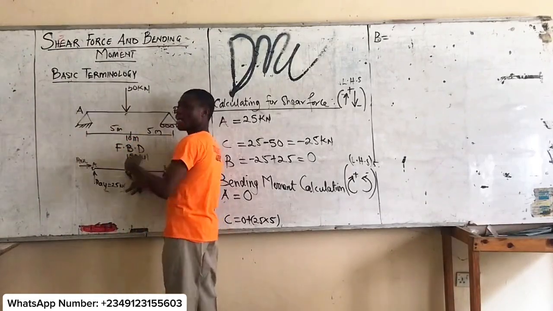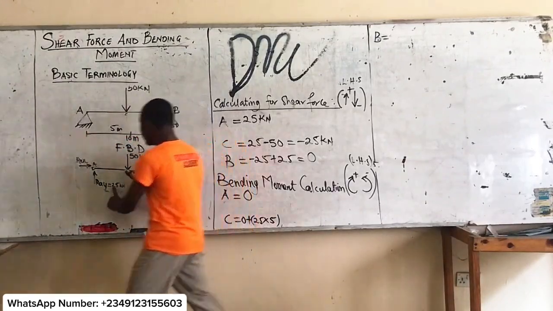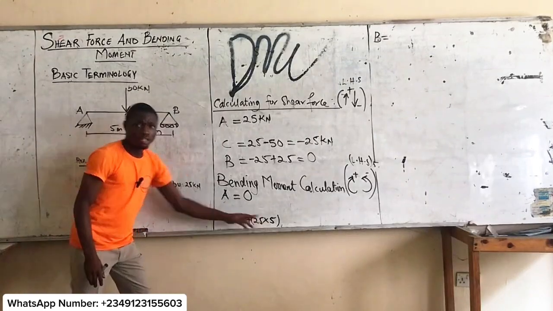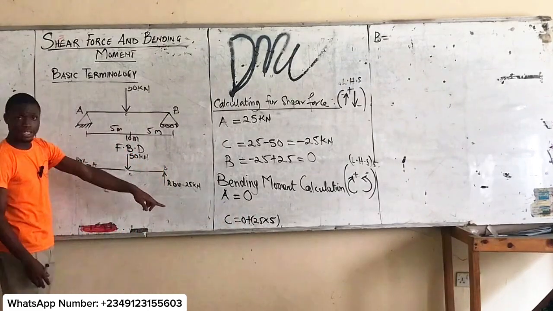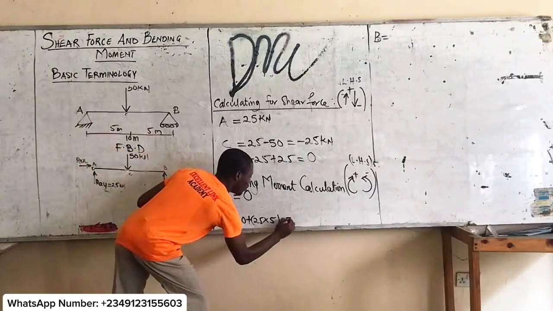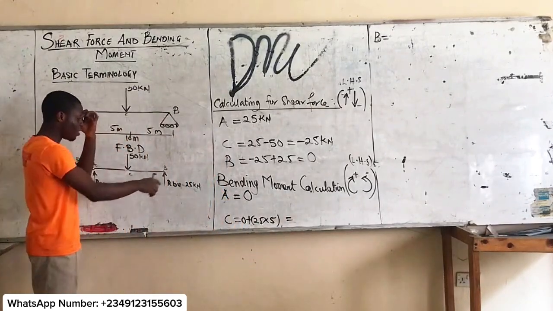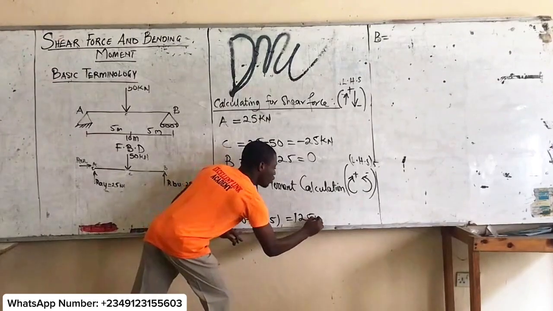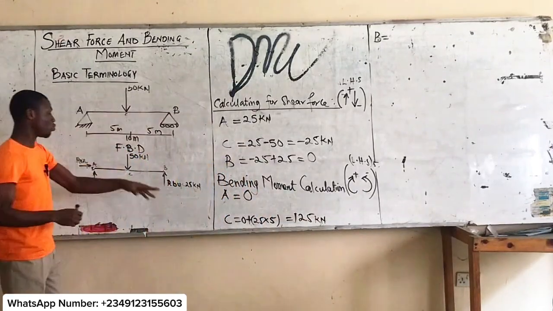This one comes here. So that becomes 25 times 5. I'm done with A and C. So what is my value here? 125 kilonewton-metres. I'm done with this one.